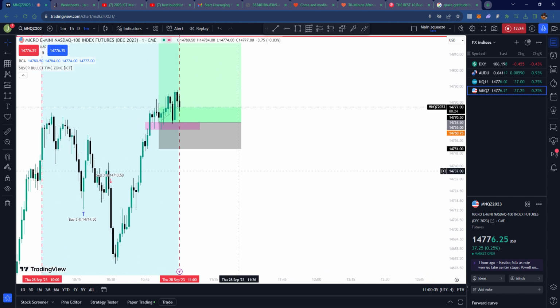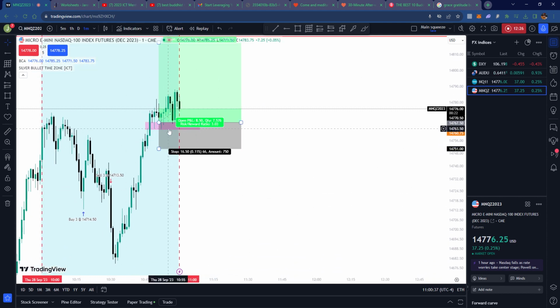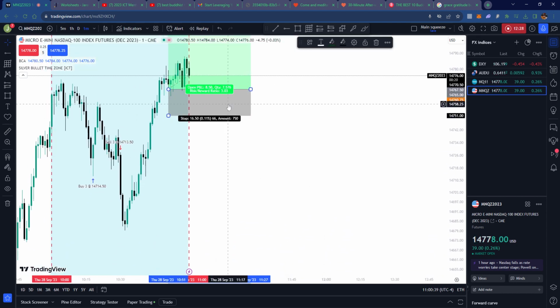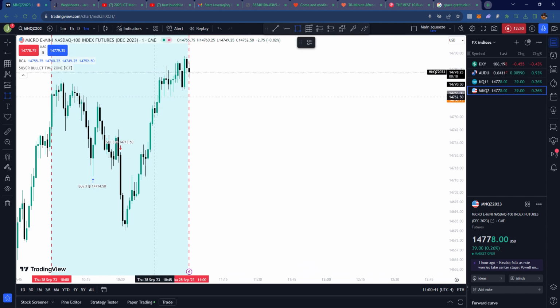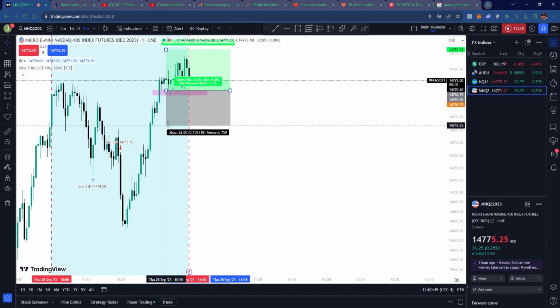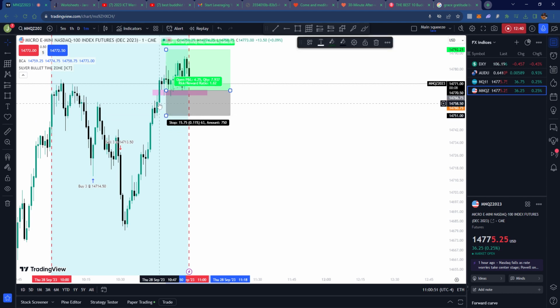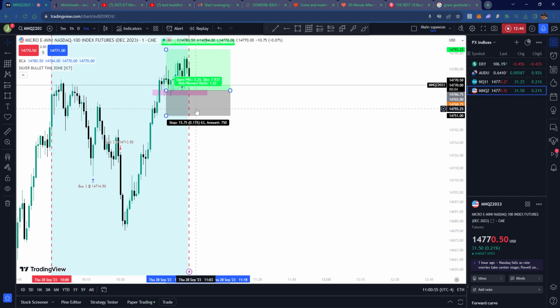All right, guys. So this seemed like it was the draw, or like this was the fair value gap that's gonna push price up. In this scenario, you could have taken the long here, the fair value gap, put your stop in the last fair value gap, so the first in the series of three.